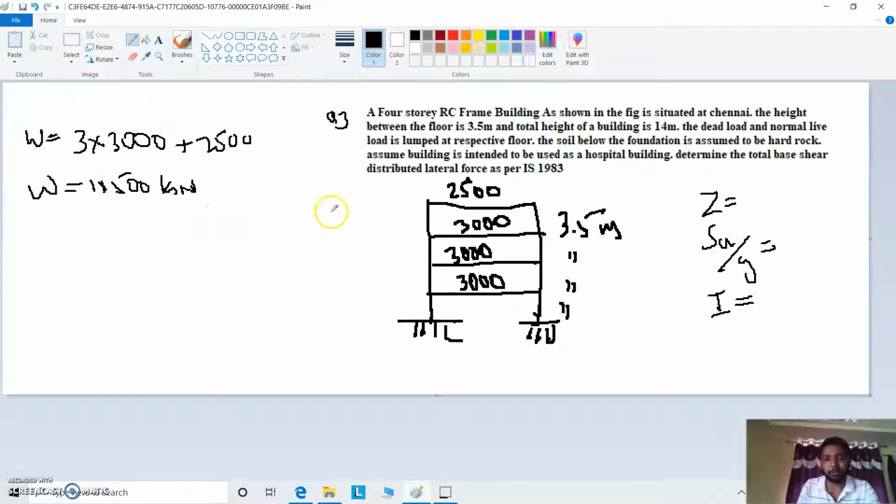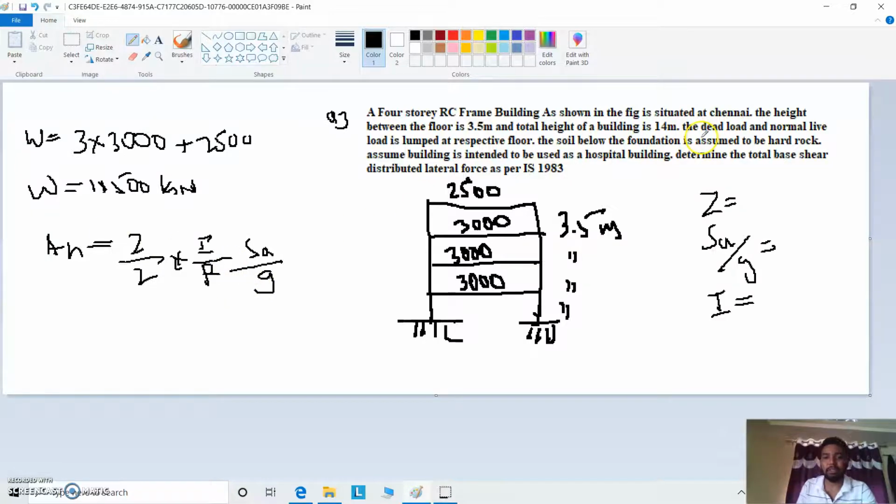W we have calculated, and Ah needs to be calculated, Z by 2, I by R, Sa by g, and Sa by g is to be calculated.